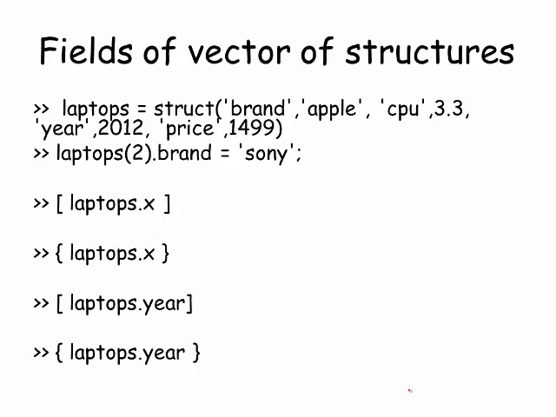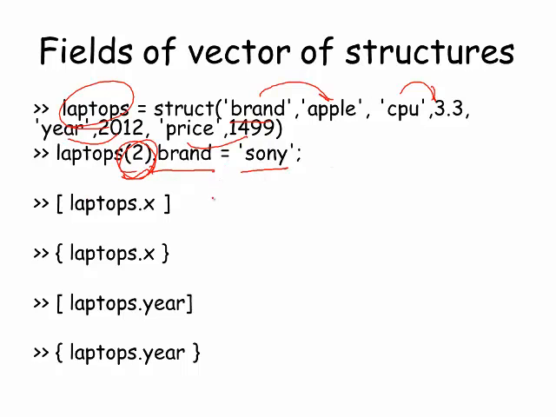Let's revisit this laptops example. I'm creating a laptop structure where the first one contains brand Apple, CPU 3.3, year 2012, and price $14.99. And I'm extending this to contain a second laptop where I only set the brand equals Sony.